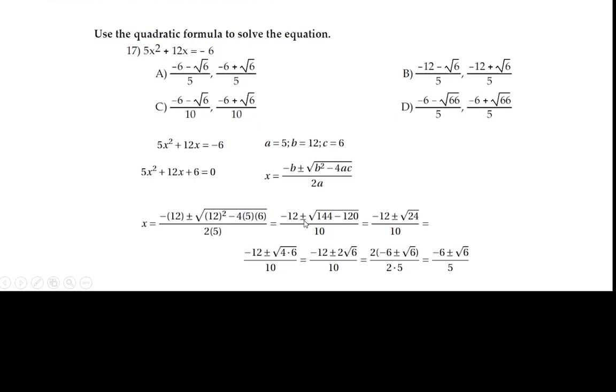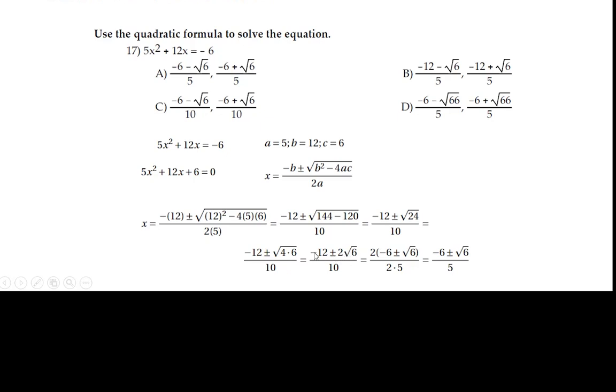That's -12 plus or minus the square root of 12 squared, which is 144, minus 4 times 5 times 6, which is 120. 144 minus 120 is 24. So we have -12 plus or minus the square root of 24 all over 10. We need to simplify that radical, though. 24 is 4 times 6. So that's the square root of 4 times the square root of 6, or 2 square root of 6.